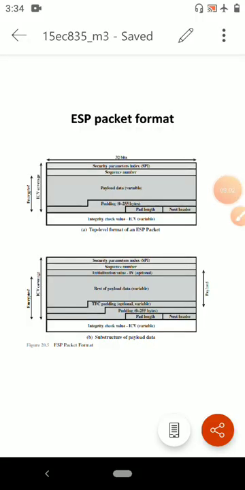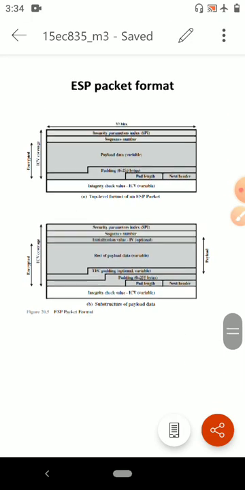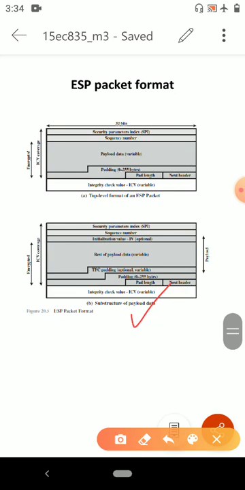Two additional fields may be present in the payload, that is shown in figure B. That is initialization value, and it is present if this is required by the encryption or authenticated encryption algorithm used for ESP.